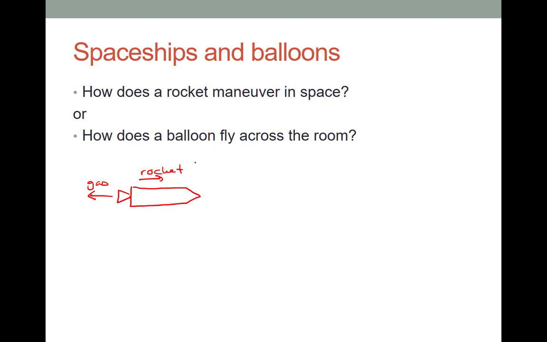And because the rocket and the gas were one unit beforehand, they had a certain momentum. Now that I'm pushing the gas out one direction, that will cause the momentum of the rocket to increase in the opposite direction. Same idea with the balloon flying across the room, except it's just air being released.